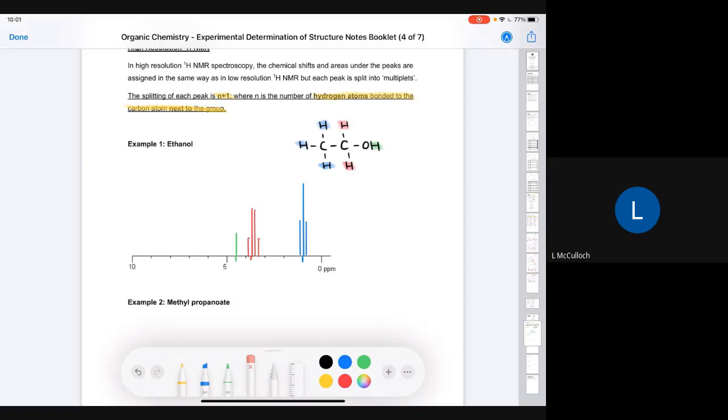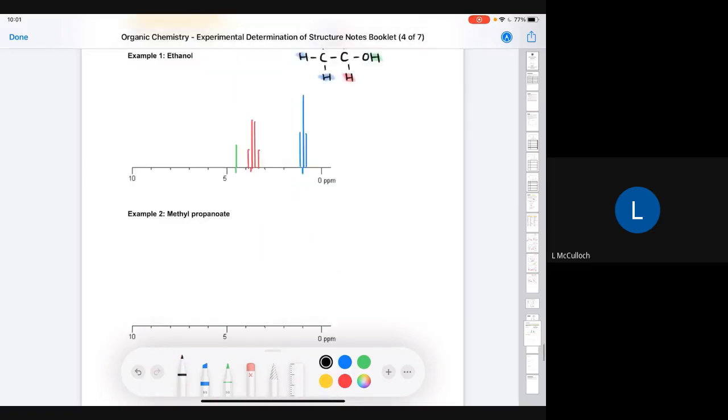Okay. We'll now go on and look at methyl propanoate. So again, we'll draw out our diagram for our methyl propanoate. Oops, that's not right.